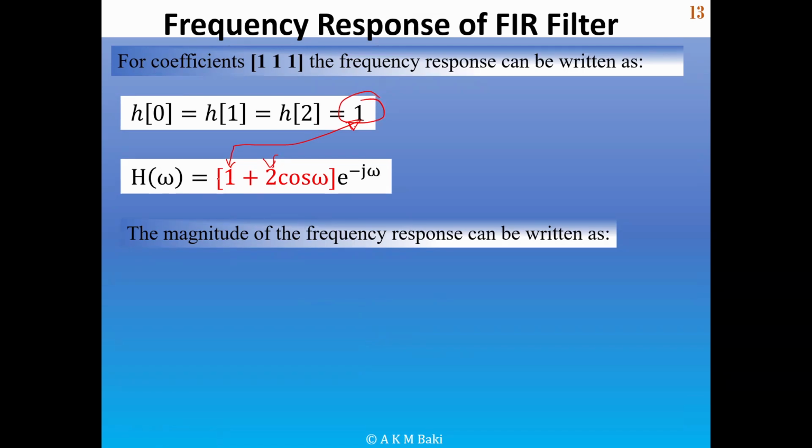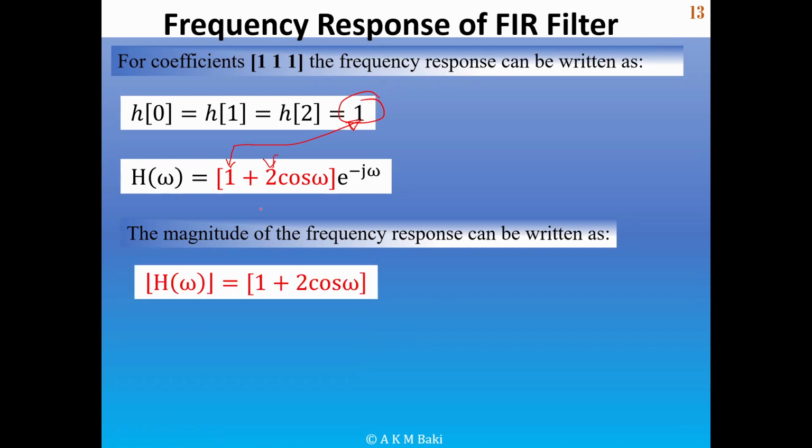So the magnitude response is this part. Now depending on frequency, you can find out the actual magnitude response or frequency response. With respect to omega you can calculate, or with respect to frequency you can calculate.